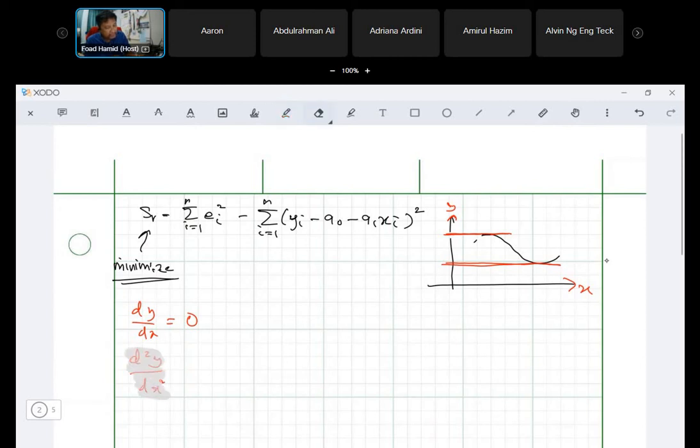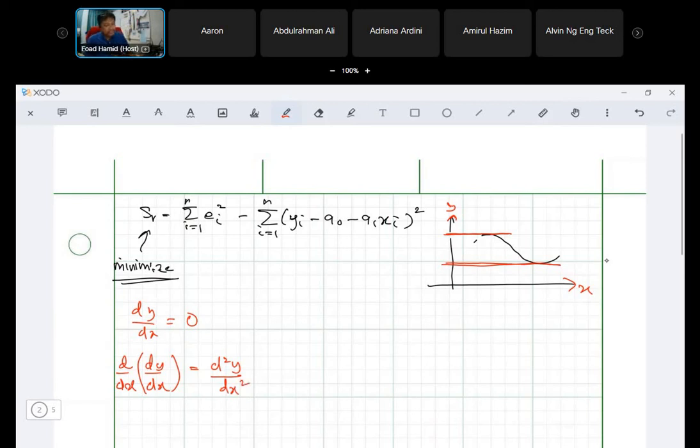Basically, if I write this in a different form, you know that our dy dx is the slope, or the gradient. And what is d/dx of dy dx? The change of the slope with respect to x. Normally you see it written as d square y dx square.